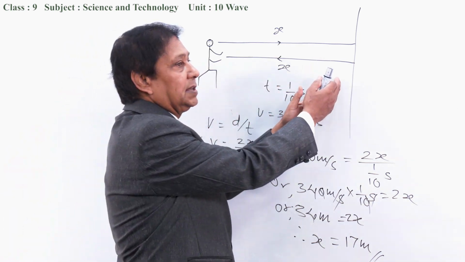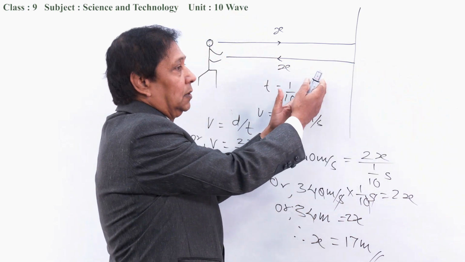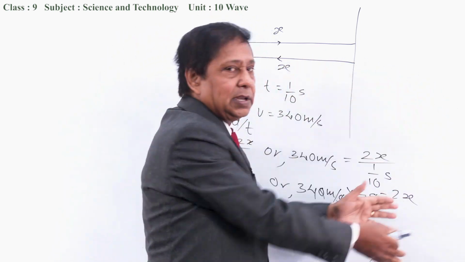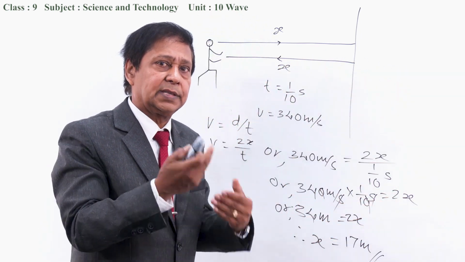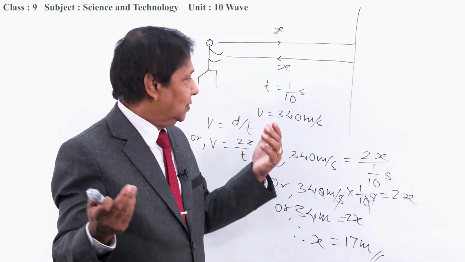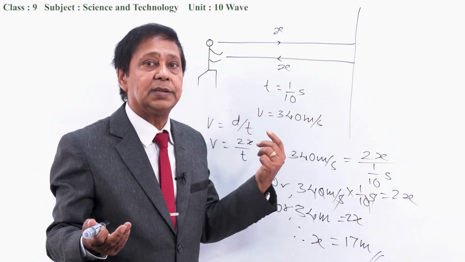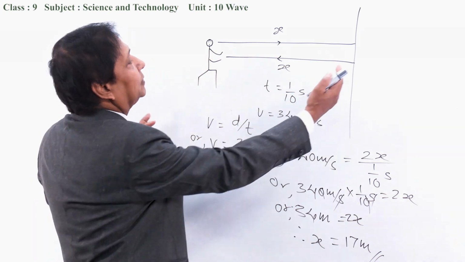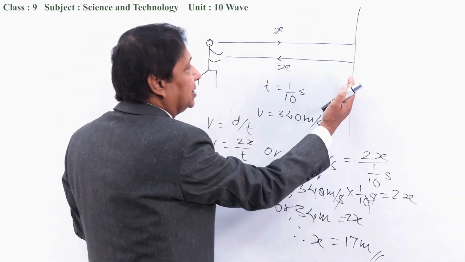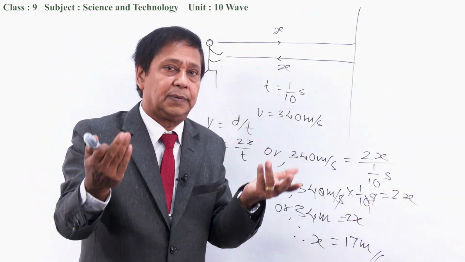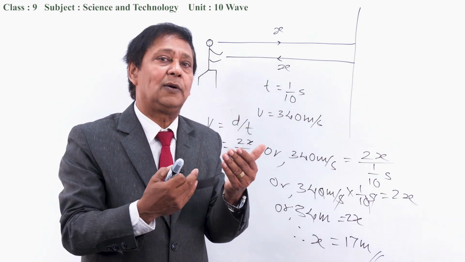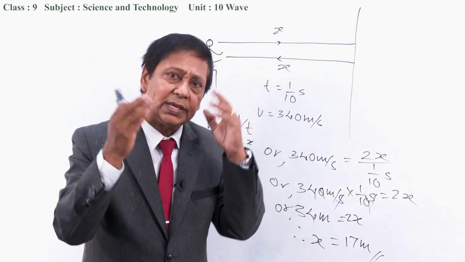If this surface is farther away than 17 meter, then what happens? The reflected sound comes later than 1 by 10 second. This is the condition of echo. And if this wall or surface is nearer than 17 meter, then the reflected sound comes to our ear within 1 by 10 second.